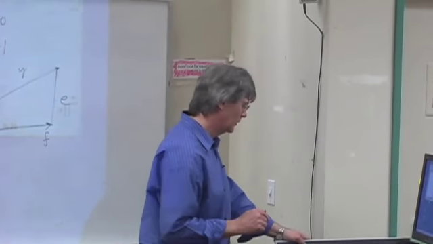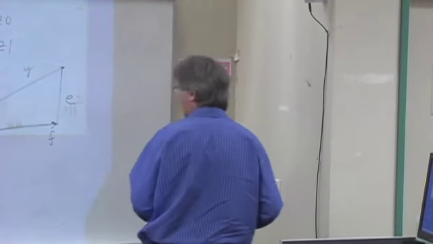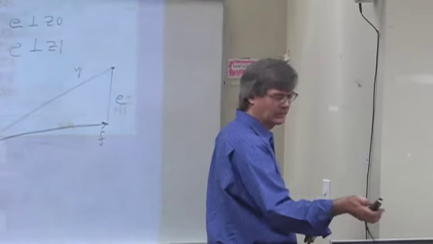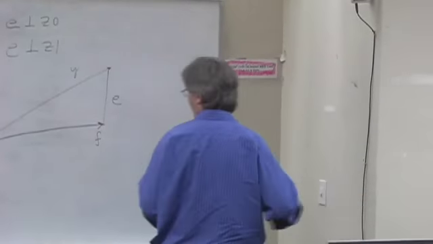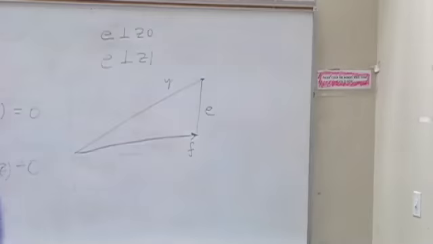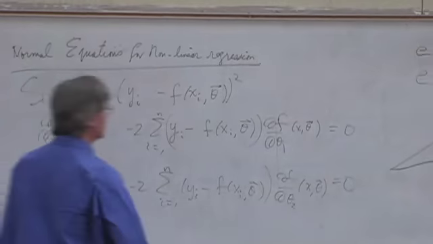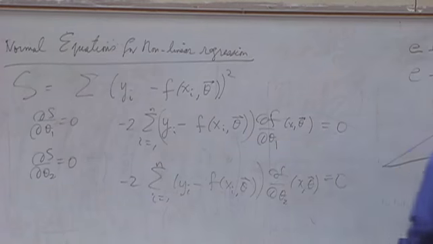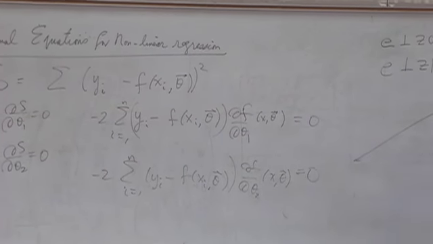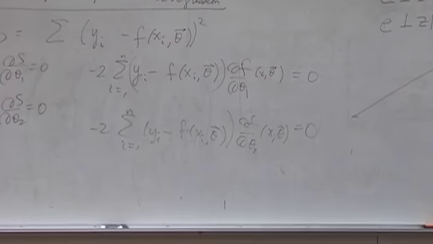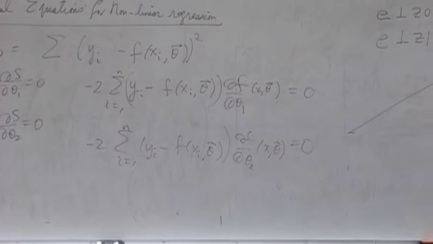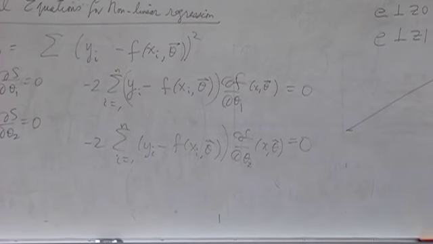But what you can still say, anyway, I'll try to clear that up a bit next time. E is perpendicular to Z0 and Z1, but not perpendicular to the fits. I could check whether E is perpendicular to the fits.